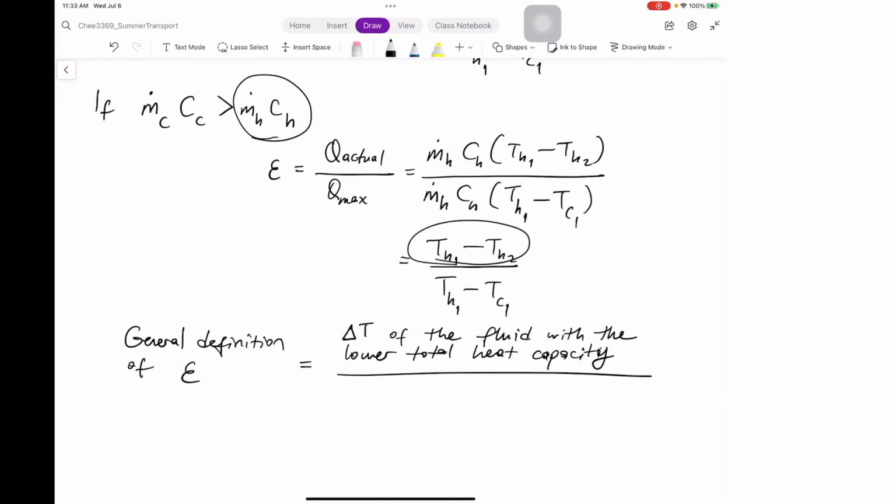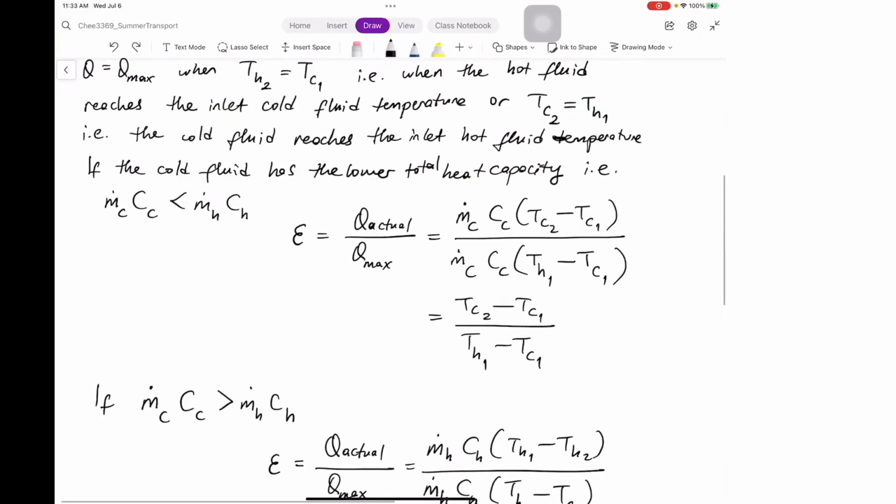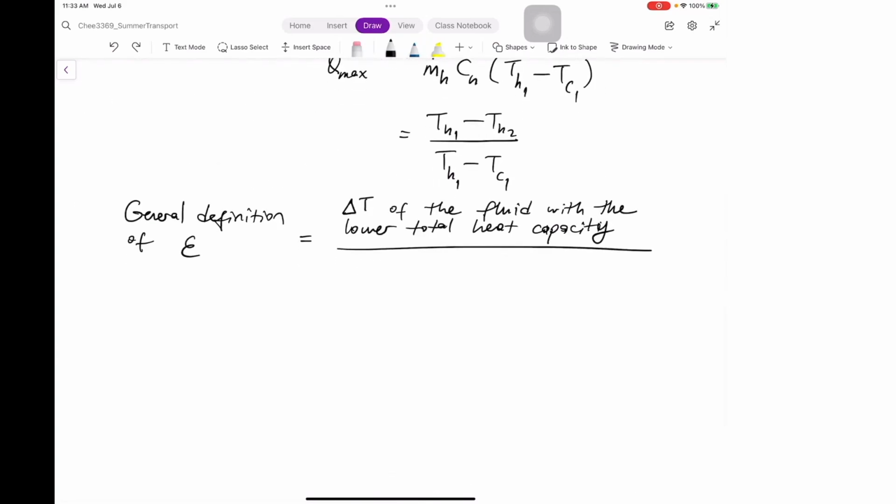Here I have the hot one temperature difference. Here I have the cold one, which is lower. Then I have the difference for the cold one in the numerator. In the denominator, it's the maximum possible temperature change in the system.